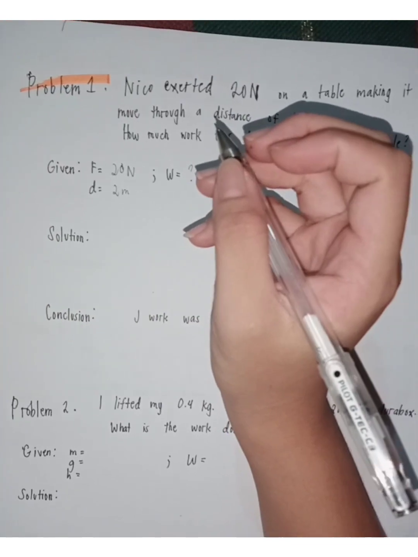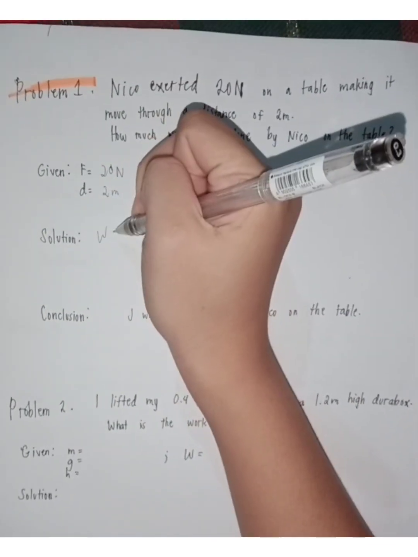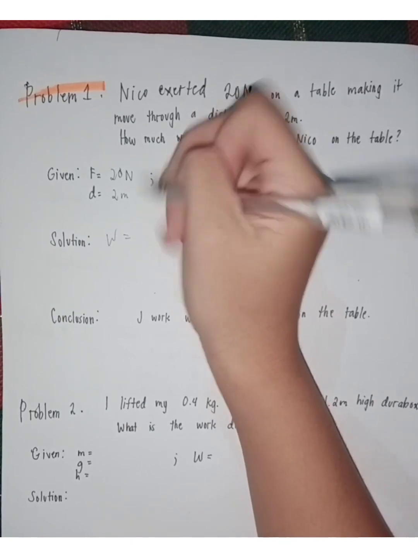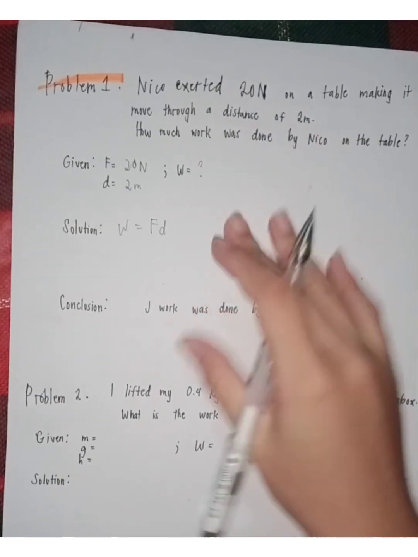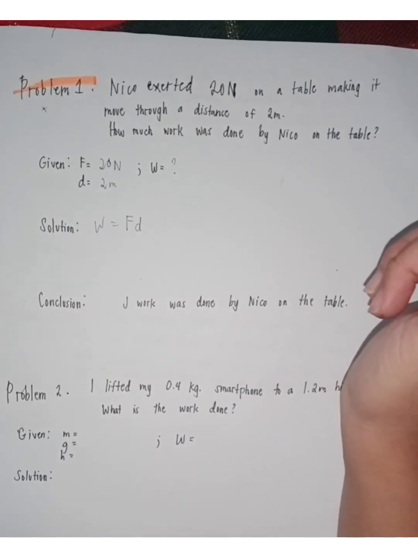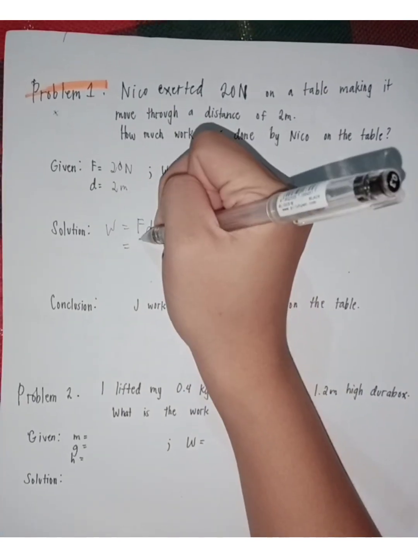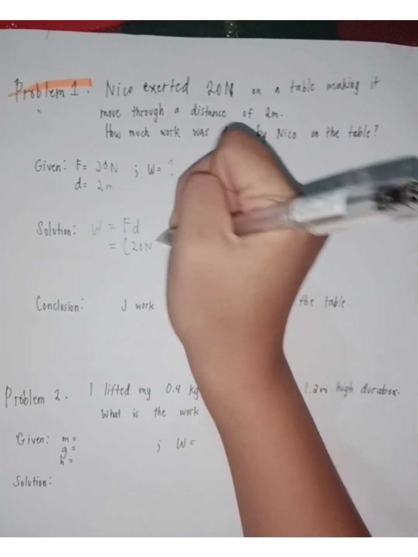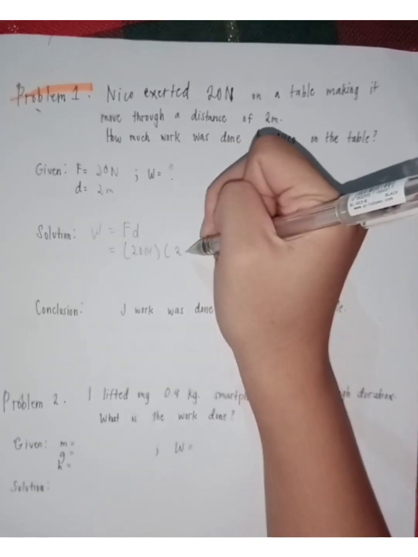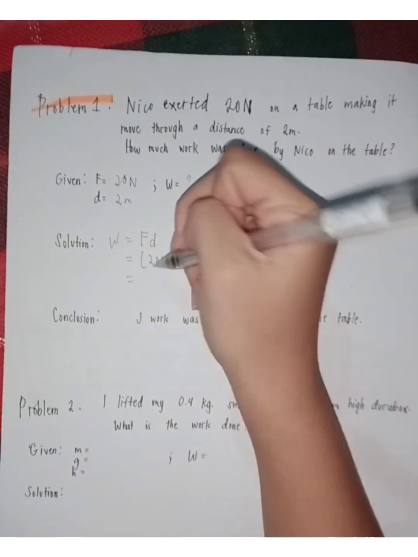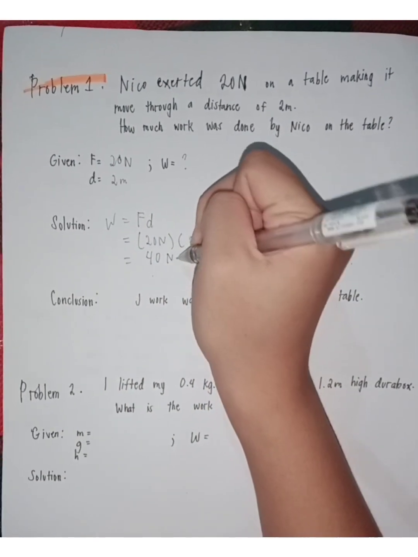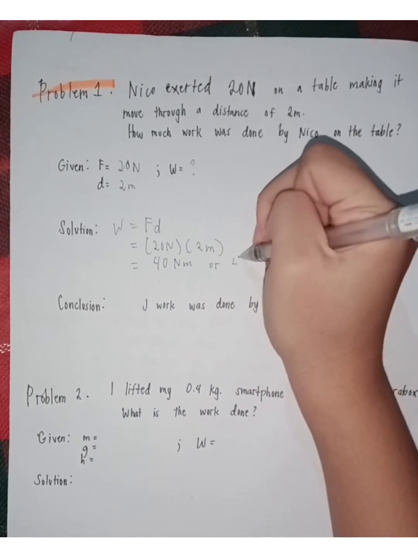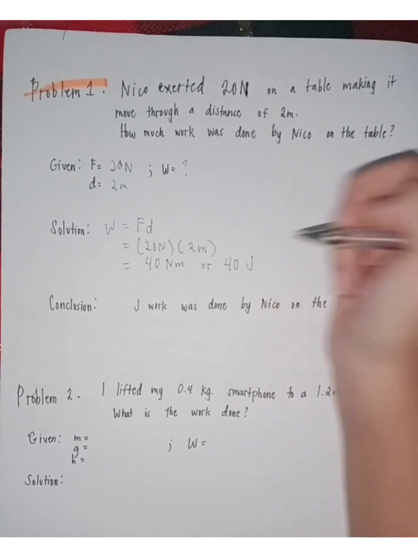Solution: for this, we need to use the formula work is equal to force times distance. Work is equal to the product of force and distance. Substitute the force, 20 Newton, and the distance, 2 meters. 20 Newton times 2 meters is 40 Newton meter, or 40 joules.